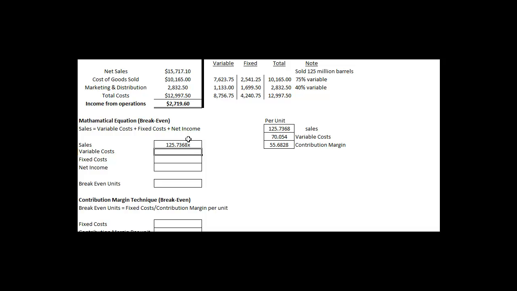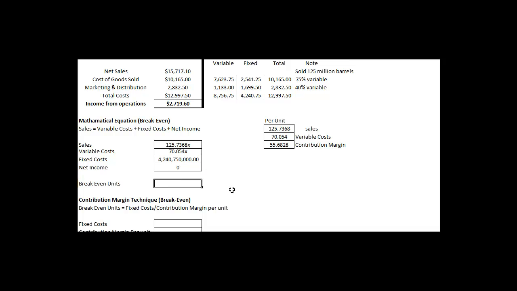I don't know how many I need to sell to break even. My variable costs are 70.054x per unit. I don't know how many I'm going to sell to break even. The fixed costs are simply going to be the 4240, but this is in millions, so I'm going to multiply it by a million, so it's actually 4 billion. My net income will be 0 at break even.